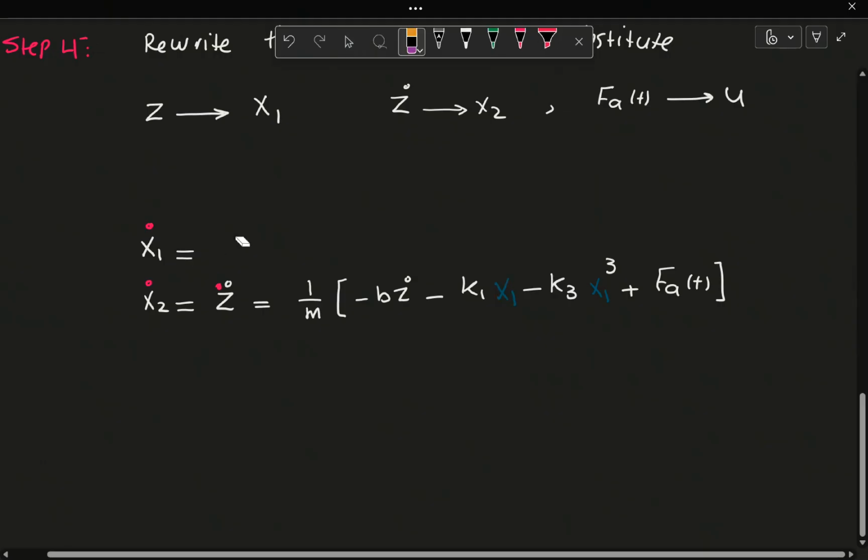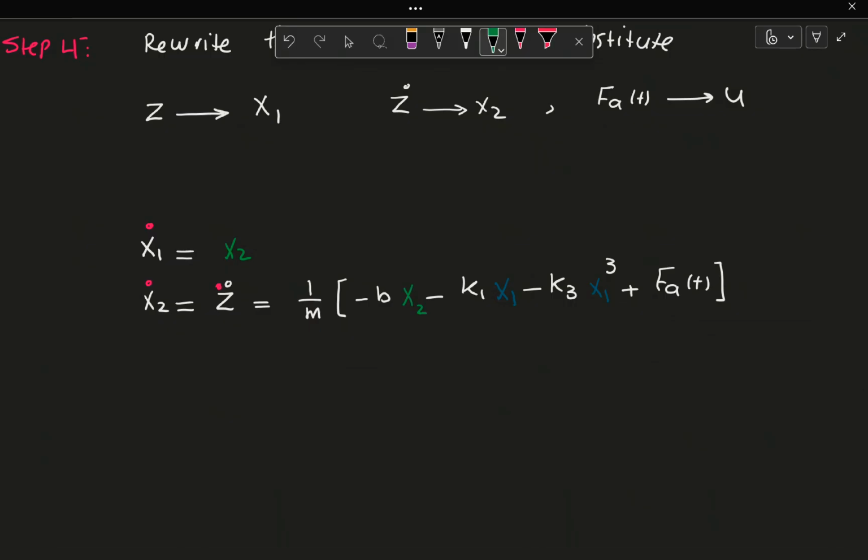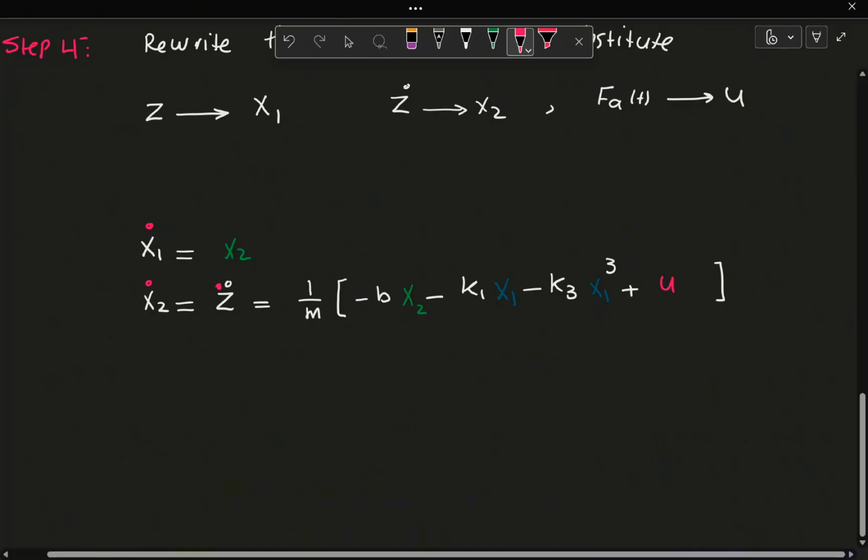So z dot here is going to be x2, and z dot here is going to be x2. Now, the last thing I need to take care of is f sub a. I need to substitute it with u. I have it only here, and I'm going to substitute this one with u.